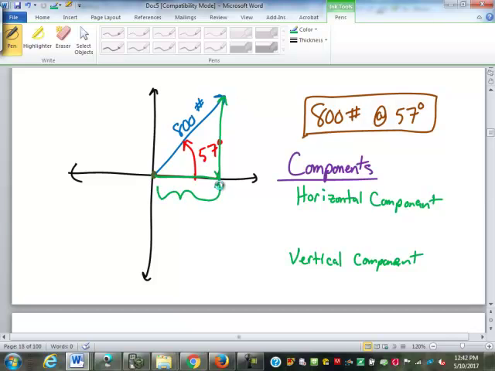So this is the horizontal component, or what's called the x component, Px. This is the vertical component, or called the y component, Py. So those are the abbreviations for horizontal and vertical component, Px and Py.